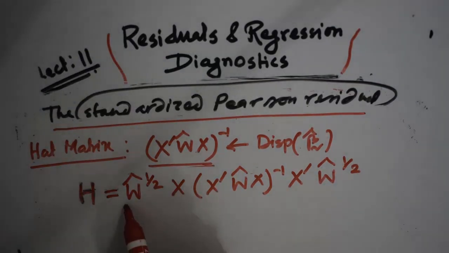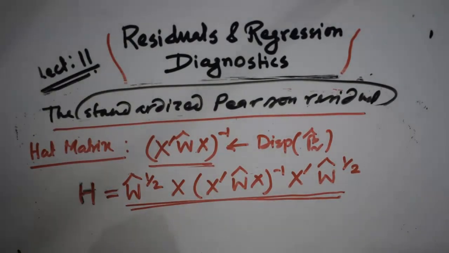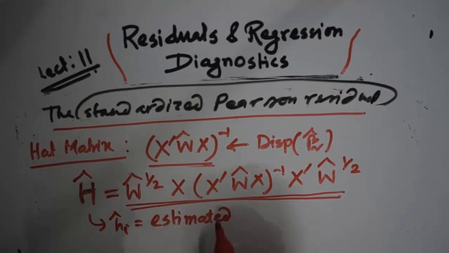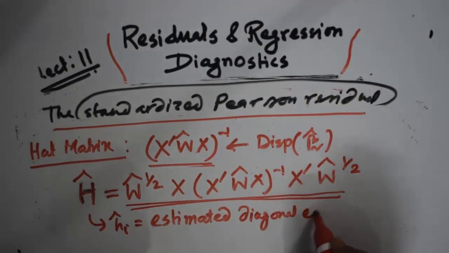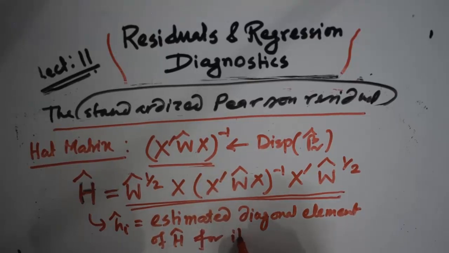This is the same as weighted least squares of a linear multiple regression model, and I denote this H hat, and Hi hat is the estimated diagonal element of H hat for the ith observation.